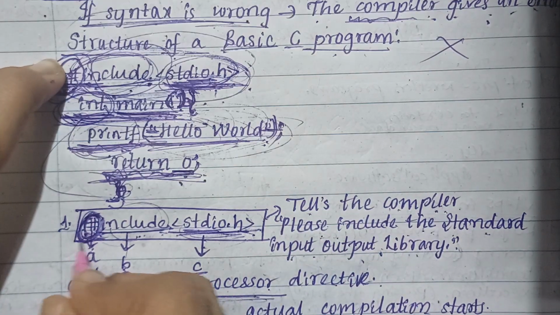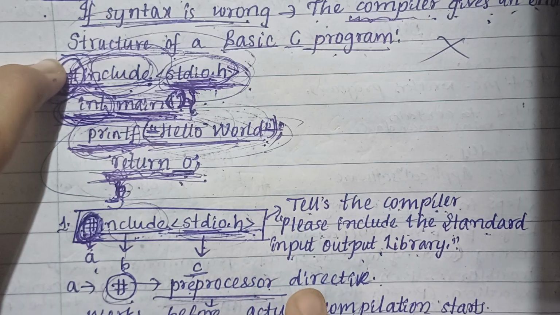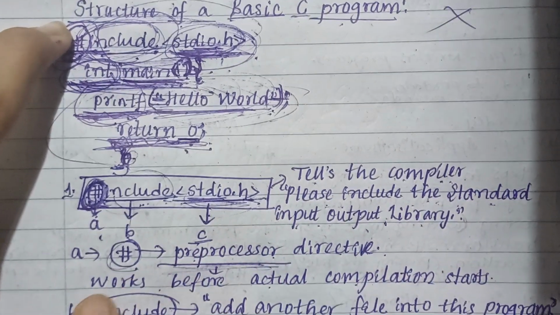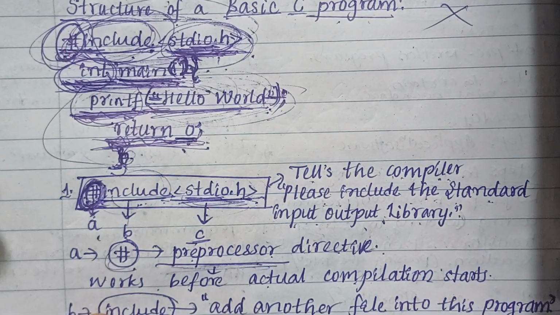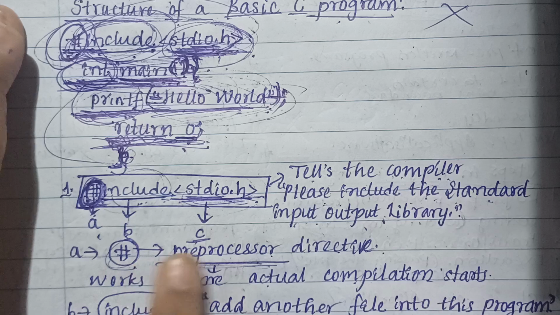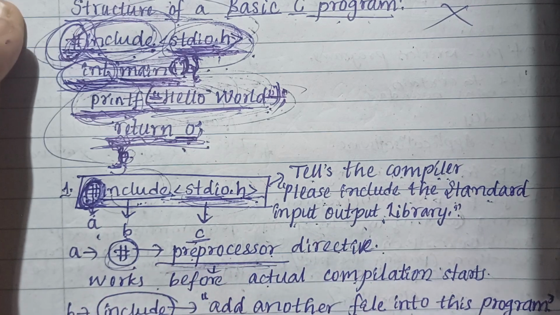Now, this hash is nothing but a preprocessor directive. What does preprocessor mean? It will work before your actual compilation starts. That means after writing your code, when you start compiling, before that it will start working. This hash is nothing but a preprocessor directive which works before the actual compilation starts.